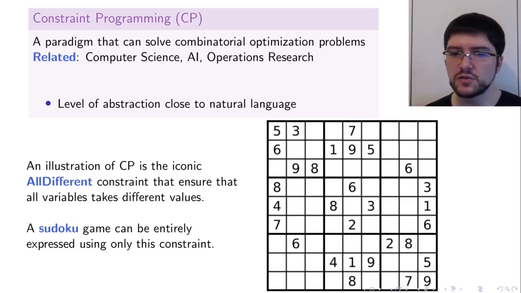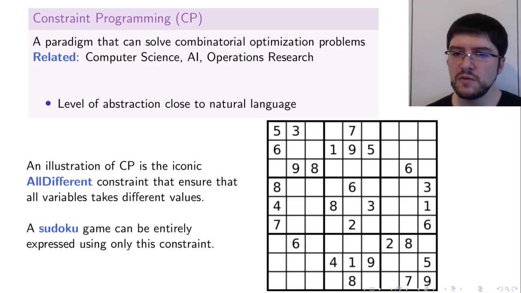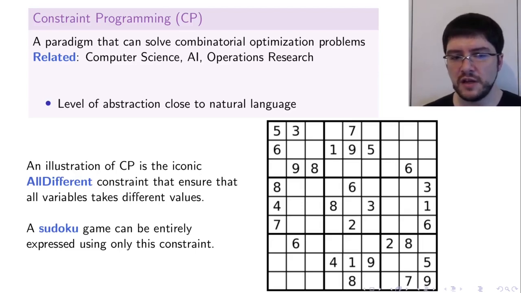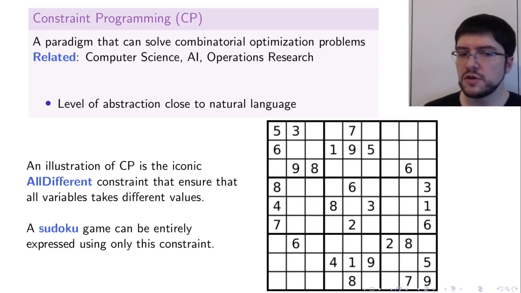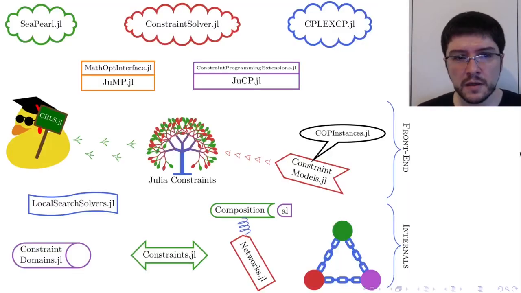And those constraints are the following. Each line needs to have different values, each column needs to have different values, and finally each 3x3 block within the grid needs to have different values. So this sudoku game can be entirely expressed using only the one constraint, AllDifferent.